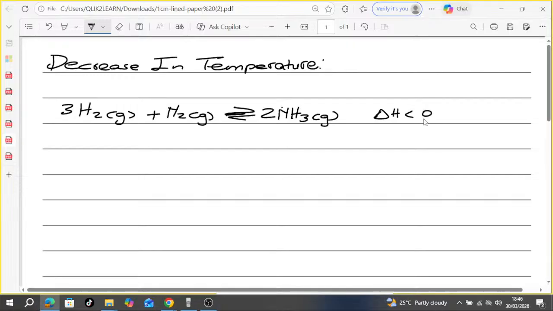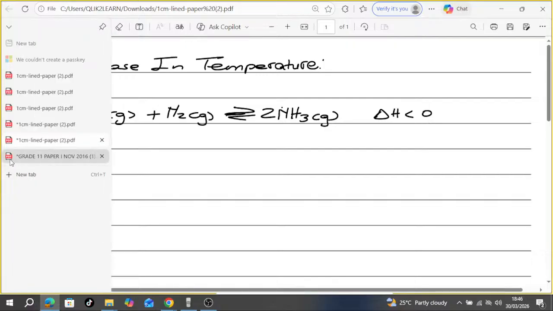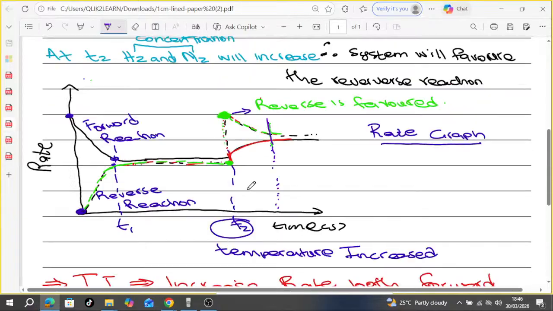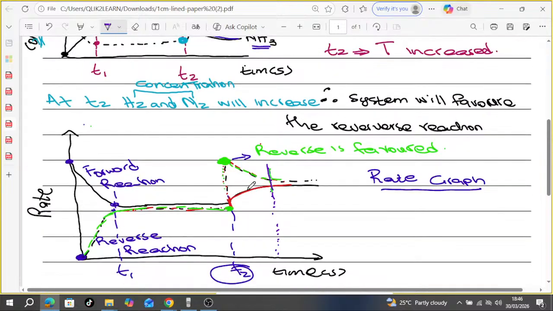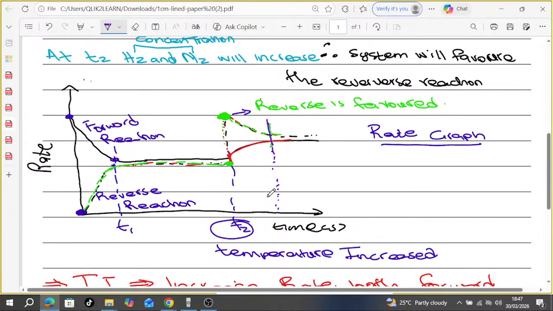But there's something I need to remind you. You see on this graph, please make sure that you understand this.